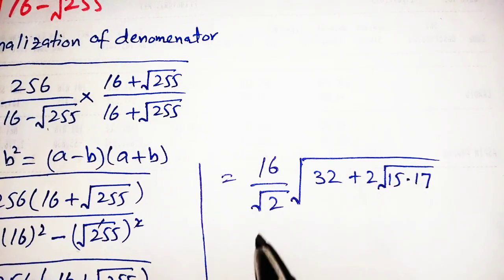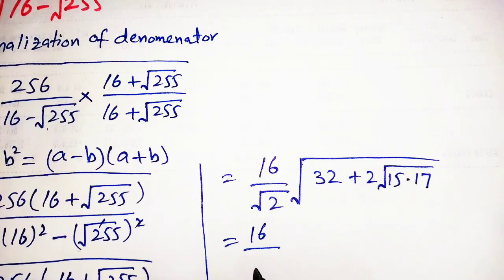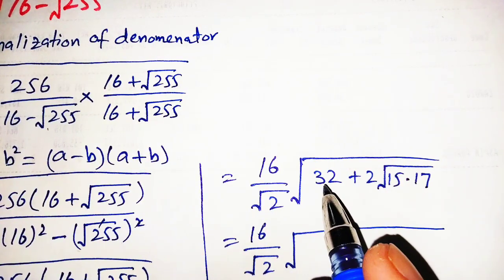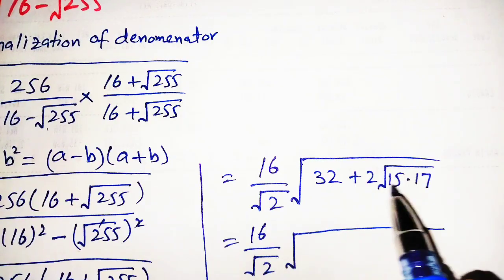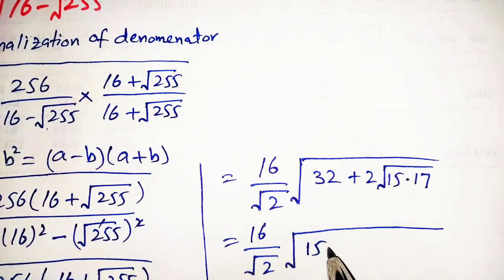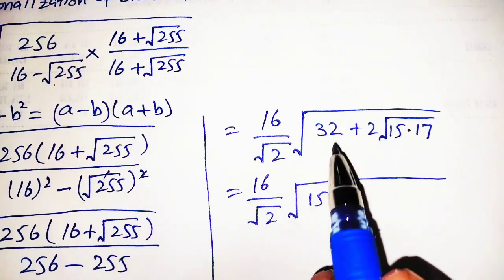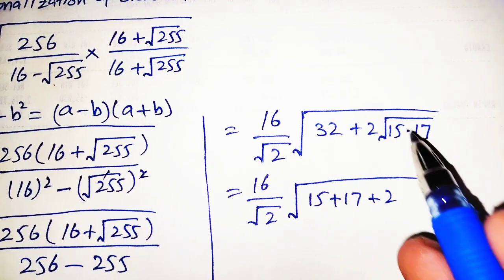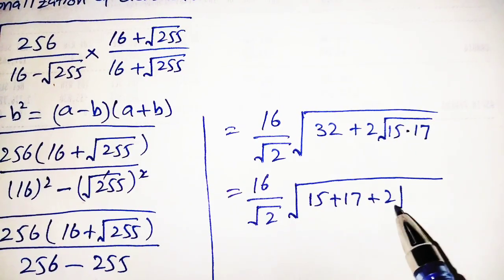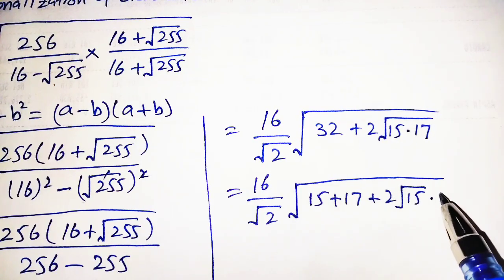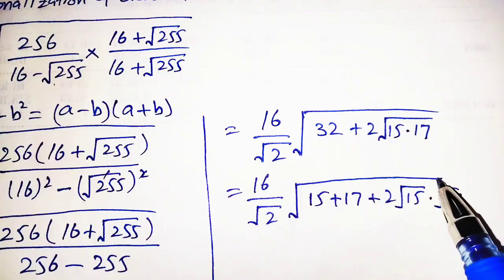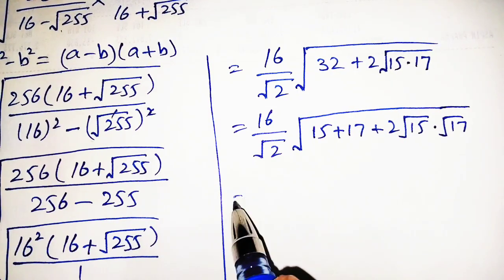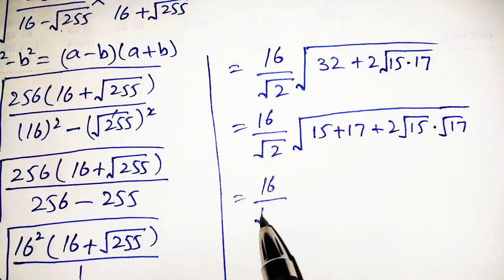Now solving this, we will get 16 over square root of 2 and square root of this 32 can be divided into 15 plus 17, which is equal to 32, and it is in accordance with this to complete the square. Plus 2, here we can break the square root and we can write square root of 15 separately times square root of 17. Now we can see that it is almost the form of the square formula.